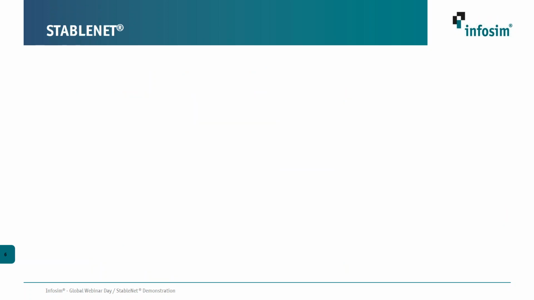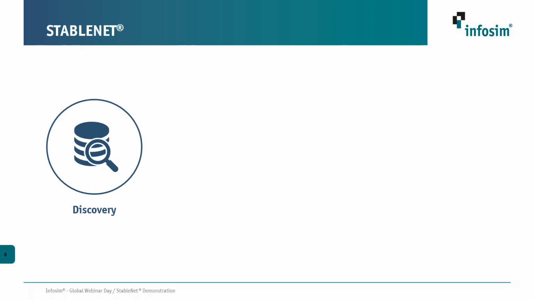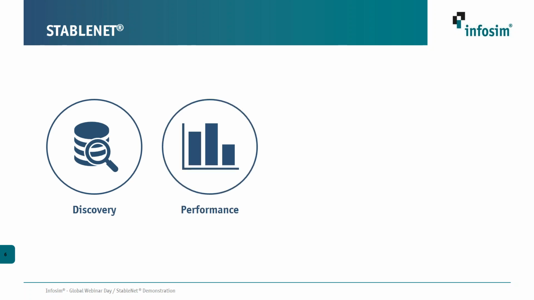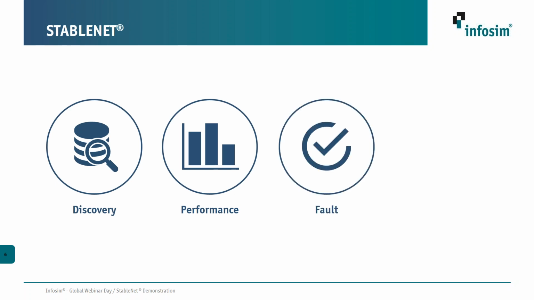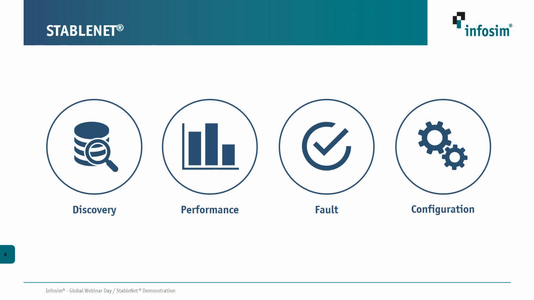Well, talking about StableNet. StableNet is the one application that is able to deal with all of your network and services management tasks, no matter how complex your network may be. It includes powerful and fully automated discovery, performance, fault, configuration, and services management. StableNet is provided as one application with one underlying data structure and one database.